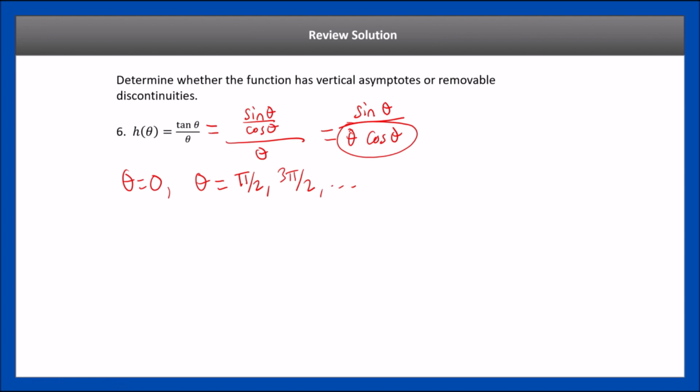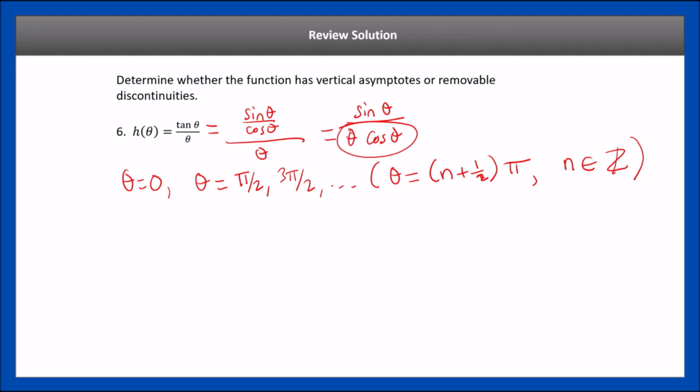Another way we can write it is that theta is equal to n plus a half times pi, where n is an integer. For example, if n is 0, you get pi over 2. If n is 1, you have 3 pi over 2. If n is negative 1, we get negative pi over 2, and so on.